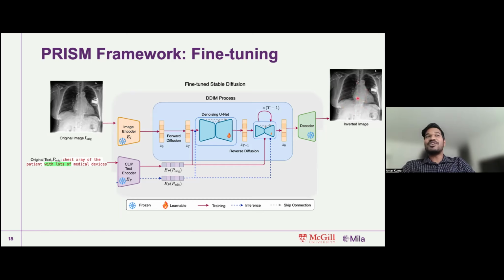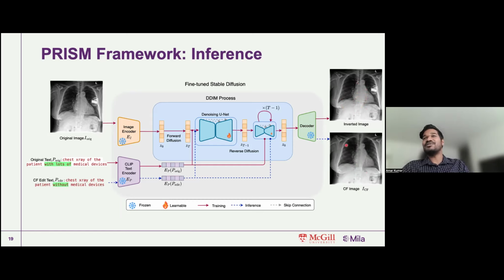So the aim was not to obtain the inverted image, but the aim was to obtain a counterfactual image, which you can see over here. Now, if you compare this counterfactual image with the original image over here, the edit text was also provided, that chest X-ray of a patient without medical device, which is highlighted in the green.